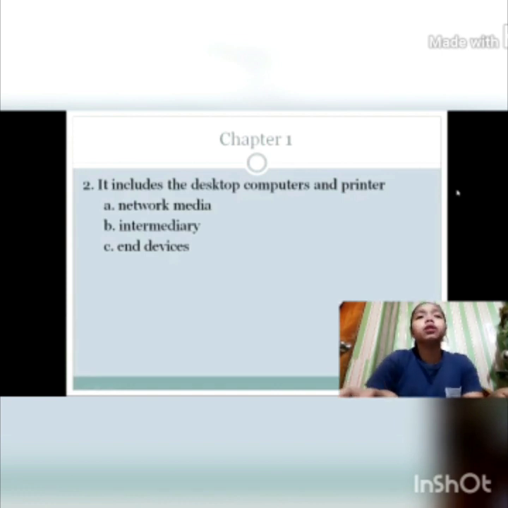So number 2, it includes the desktop computers and printers. What do you think is the best answer to this question?